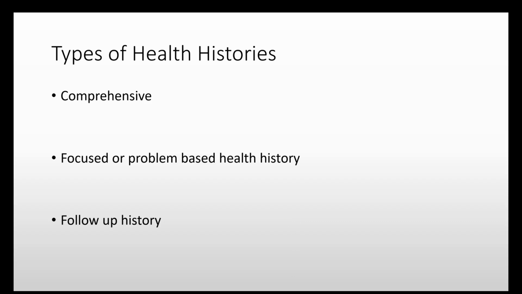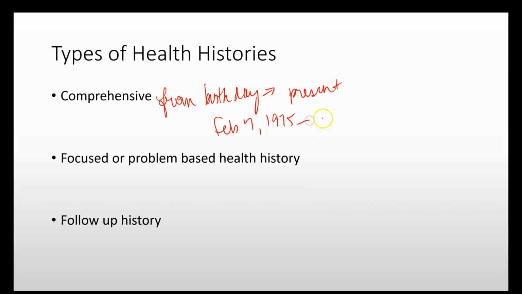We have our comprehensive history. This is literally from the day they are born through the present. For me, that would be from February 7, 1975, all the way to today, Monday, January 28, 2019.